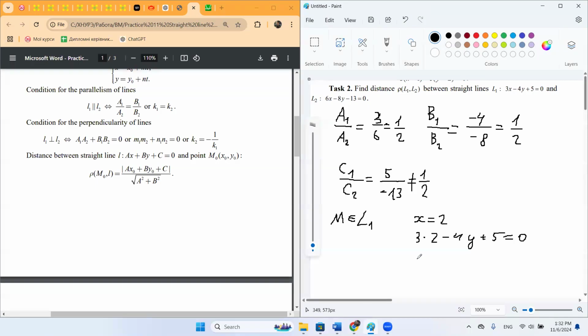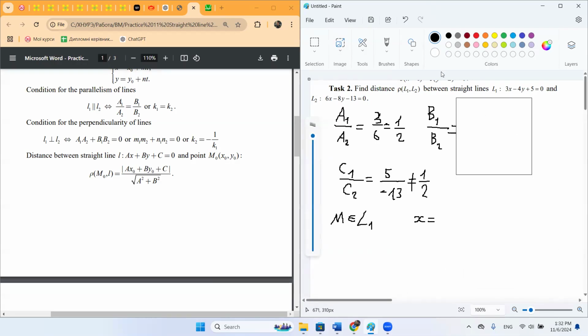That's not the best, not such a convenient calculation. Maybe let's choose another point. What about 1, by the way? Of course, take care of convenient calculations as well.